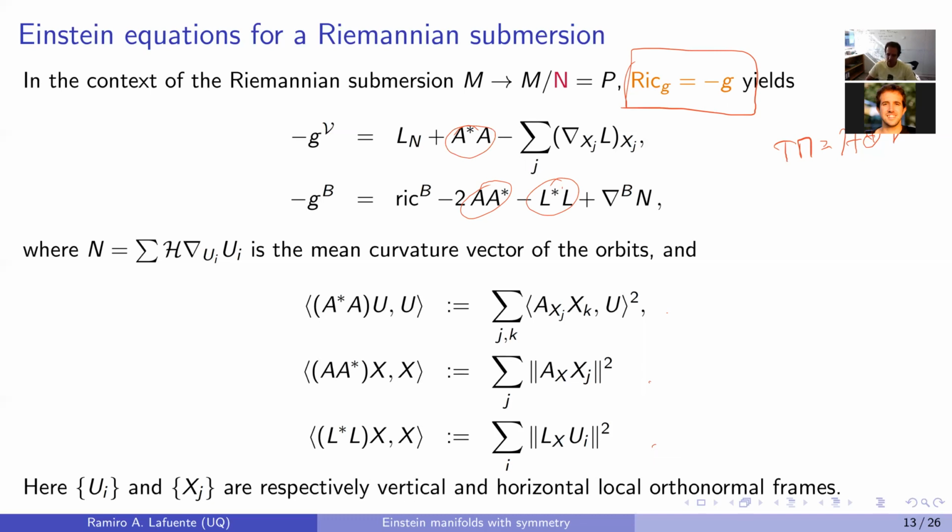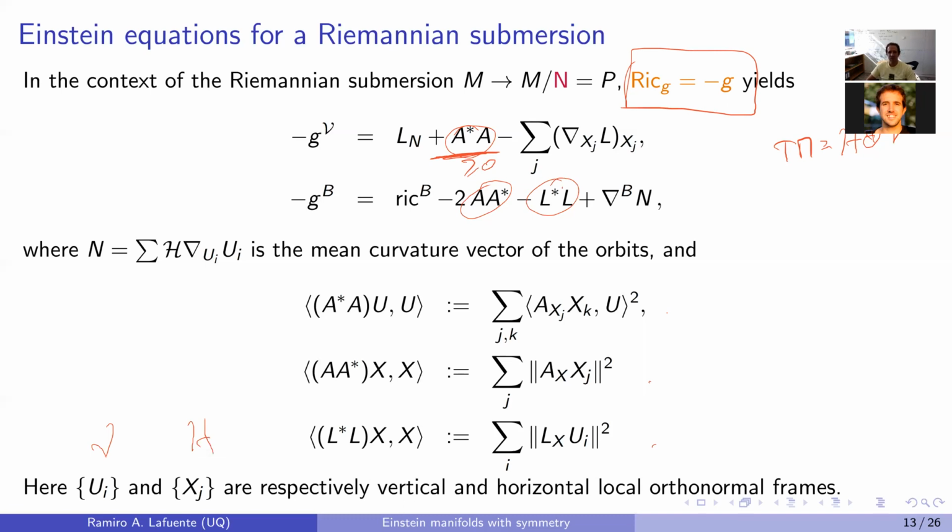What's important is that this term, for instance, is positive semi-definite. This will be very important for the estimates that come later on. And again, U_i and X_j are local orthonormal frames: U_i consists of vertical vector fields and X_j of horizontal vector fields.